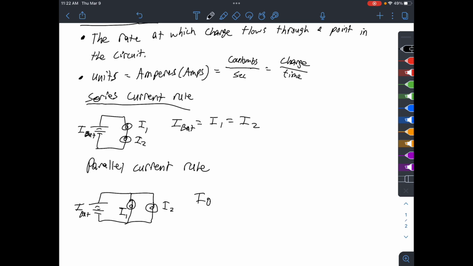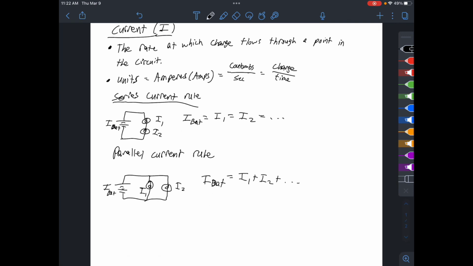And for parallel, you may have guessed, the currents add up to the current across the battery. Okay, and this should have been extended as well, because I can have as many bulbs as I want. As long as they're all connected in series, that's going to be true. Same thing with parallel, this will be true.